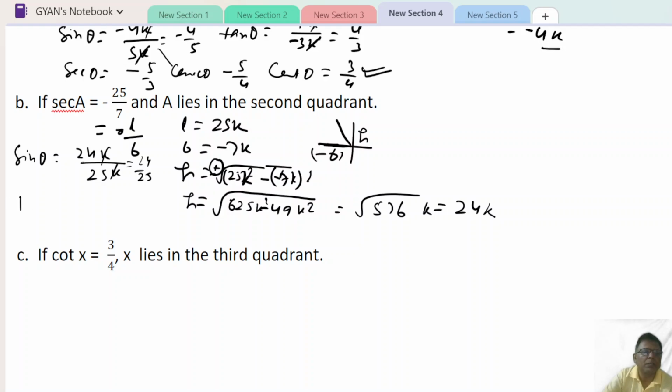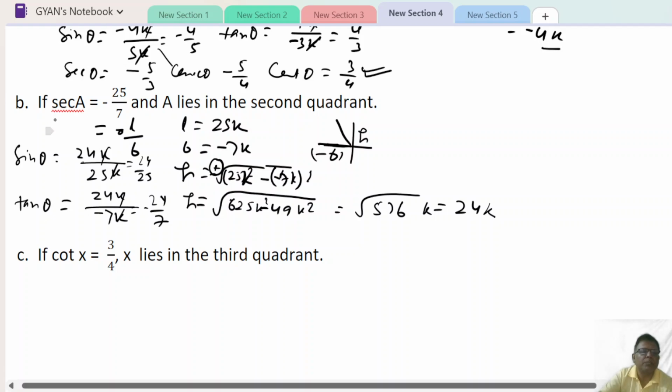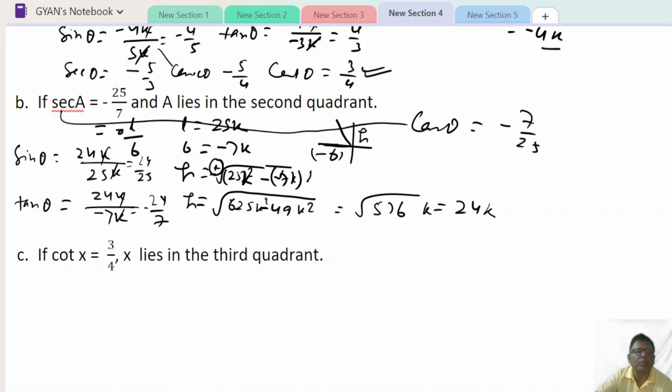Then tan theta is equal to height over base. Height is positive 24, divided by base, which is negative, minus 7. So tan theta is minus 24 by 7. Now take the reciprocal of cos theta: cos theta is equal to minus 7 by 25.